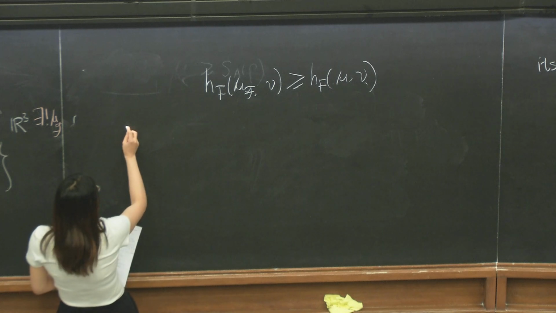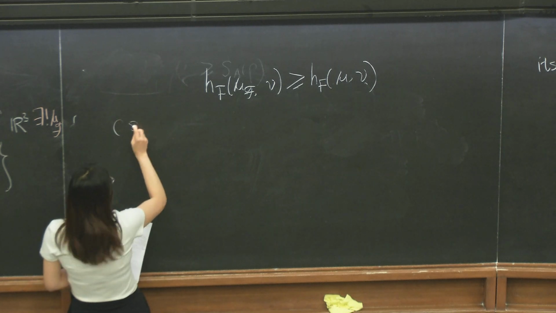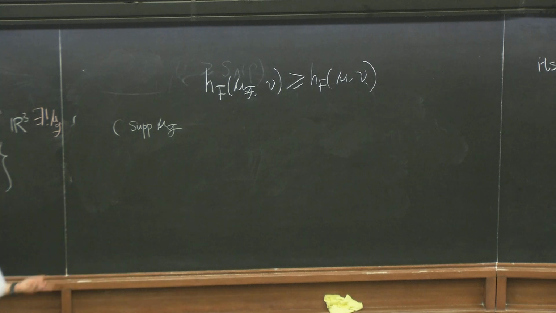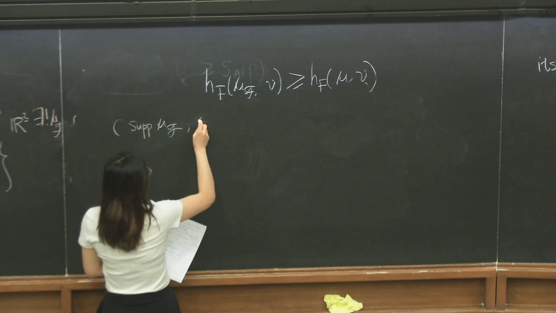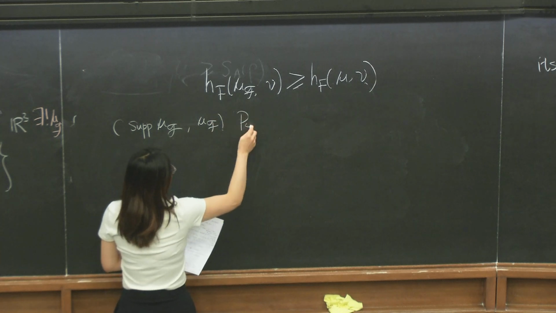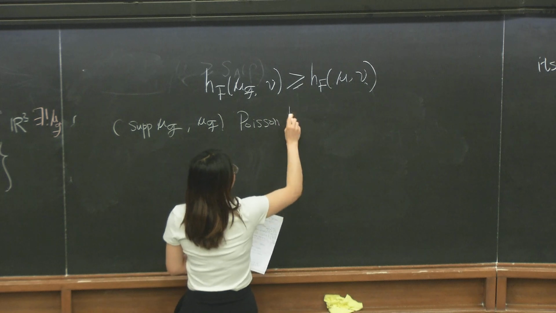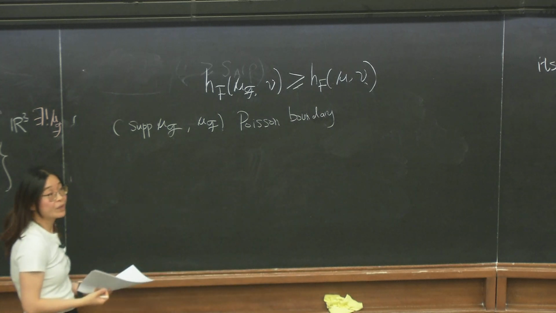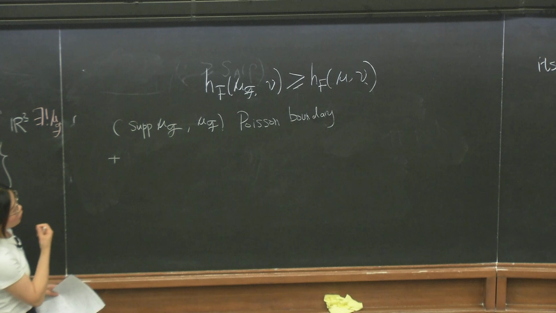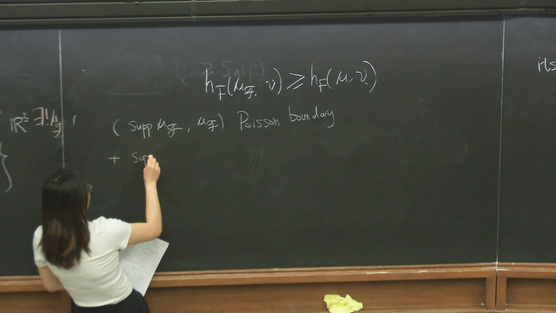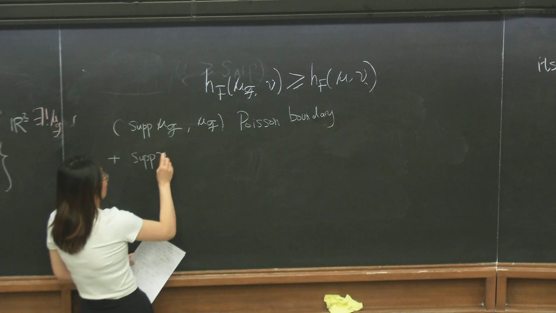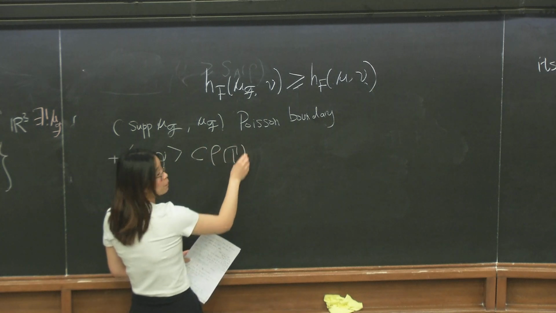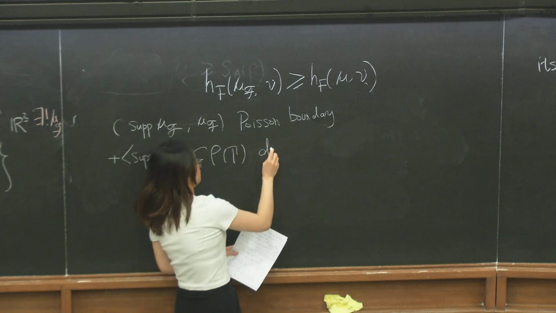One is that the support of the stationary measure on the flag variety is actually the Poisson boundary of the random walk. Second, the support of the random walk is in this Anosov subgroup, which is discrete.